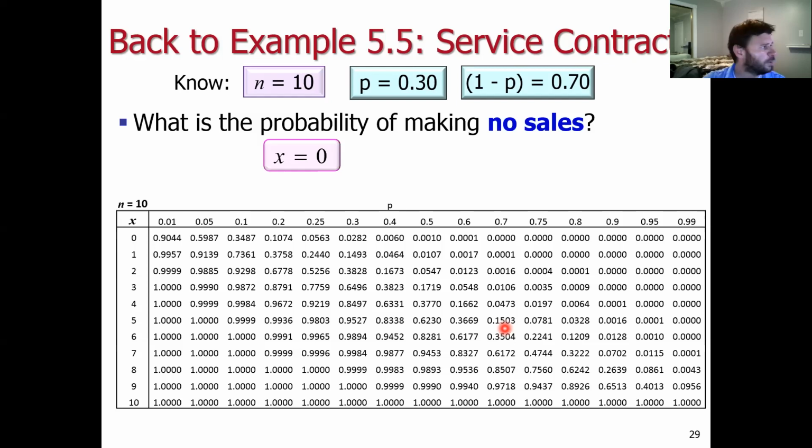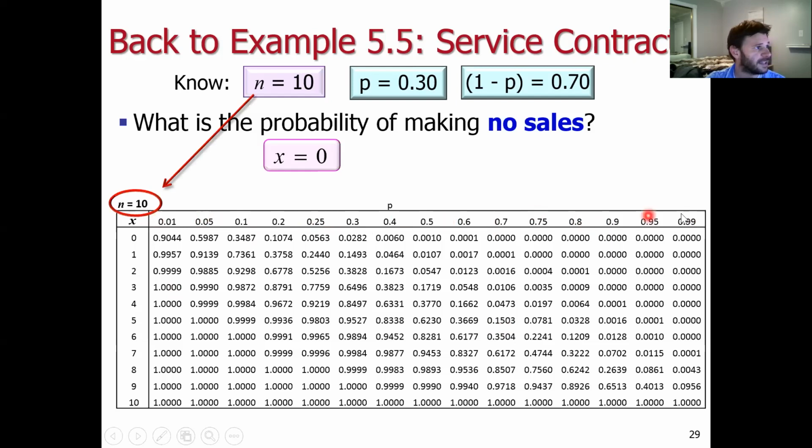What I've pulled here is the part of the table that corresponds to 10 trials. So you're going to want to find the part of the table that corresponds to exactly 10 trials. Then we use our knowledge of the parameters we've been given. We have a 30% success probability, and that is what is measured along the horizontal axis, along that top row there.